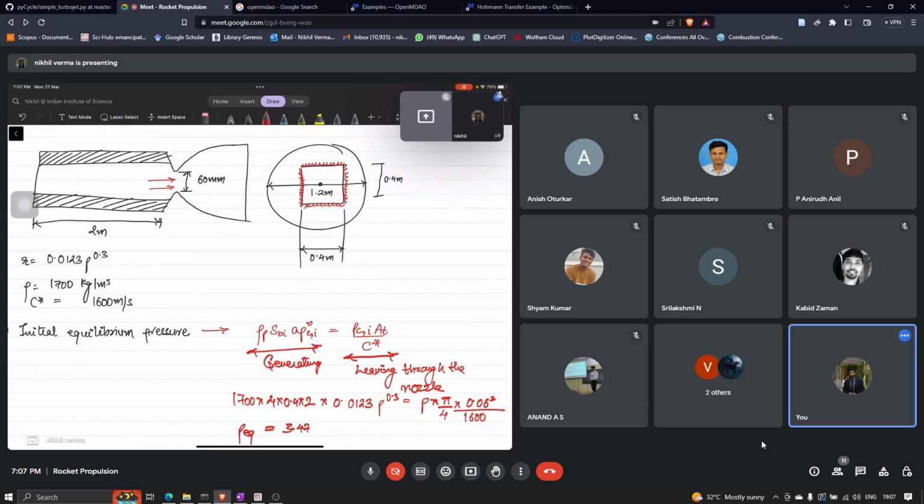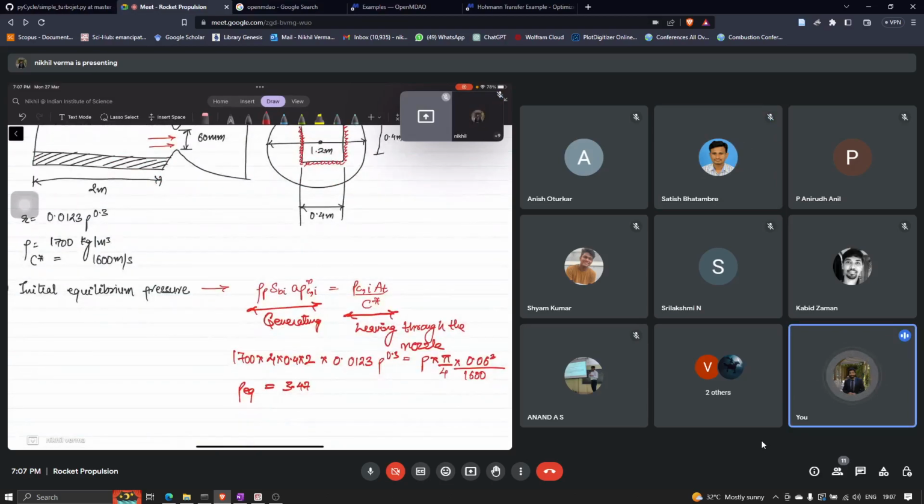Is that correct? Okay, sir, correct. Now if you calculate this, you will get the value as 3.47 into 10 to the power 6 pascals.